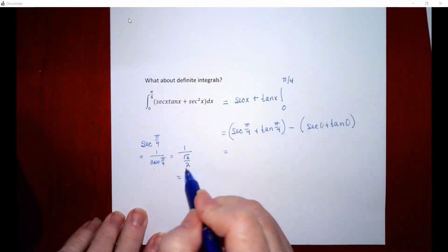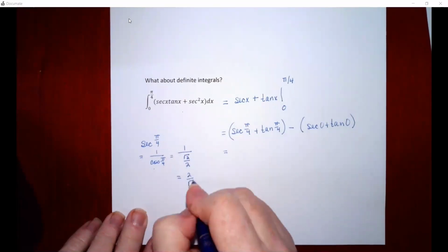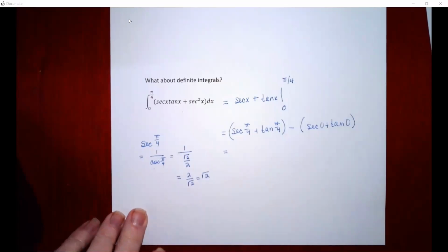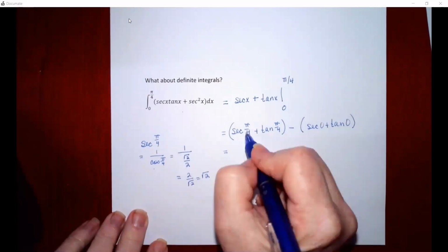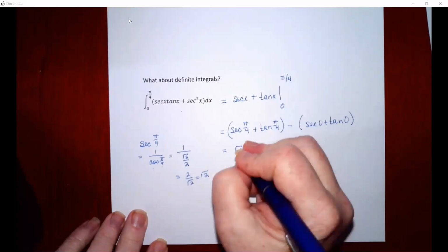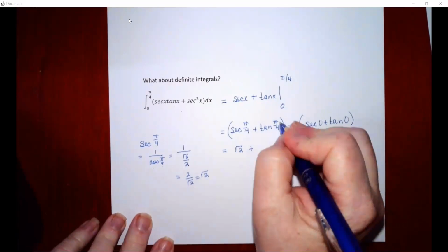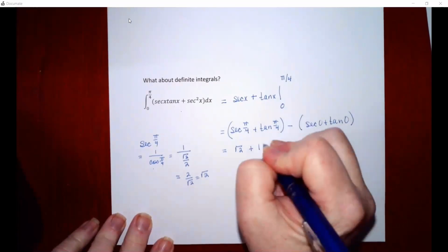The reciprocal of that would be 2 over the square root of 2, which is the square root of 2. So the secant of pi over 4 is the square root of 2. For the tangent of pi over 4, sine and cosine have the same value at pi over 4, so tangent, sine over cosine, would be 1.